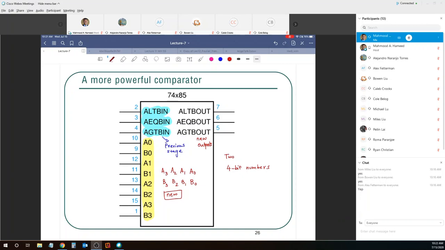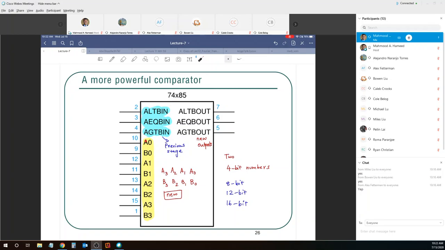74x85 chip. However, if you want to compare two 8-bit numbers or 12-bit numbers or 16-bit numbers, then you might have to use many such chips. You might have to use two of these or three of these or four of these, right? Or more of these.